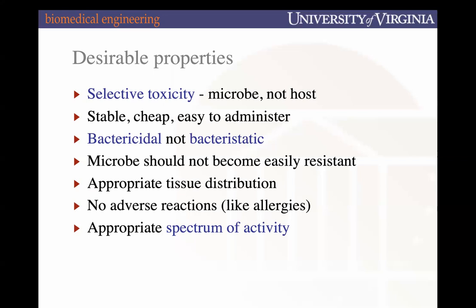So if we had a tube of, say, 1,000 spores of anthrax, and we had 2 tubes and 2 drugs, with one drug, at a certain time point, say 7 days later, if there were 0 spores present, that would be bactericidal. It's killed all of them.